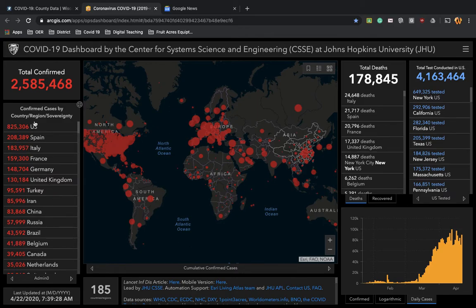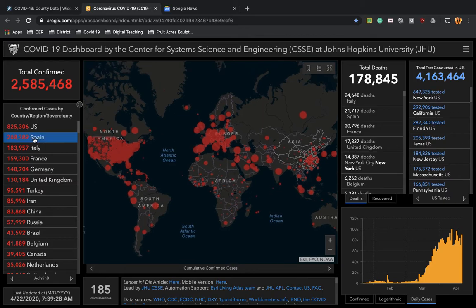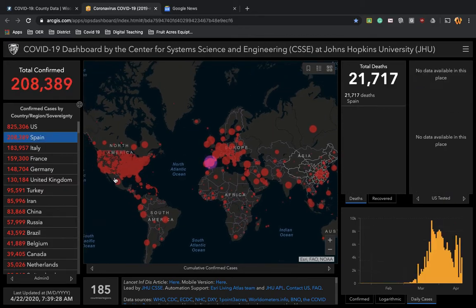Here we go. Let's take a look at Spain first. As I click on the country, I will see a different country-specific graph down here in the left-hand corner. So Spain has 21,717 total deaths and 208,000 confirmed cases.